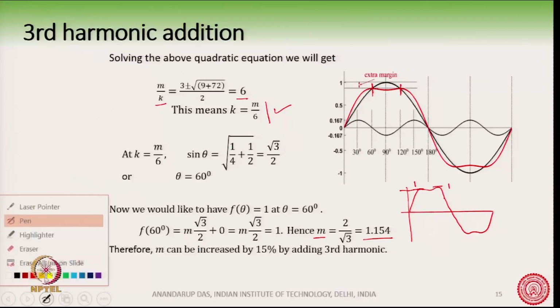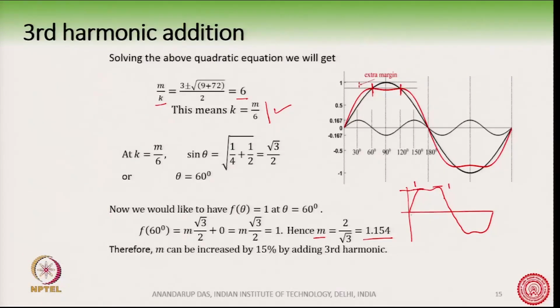That means the sine wave is having an amplitude of 1.154. So, we see that the sine wave is now more than 1.